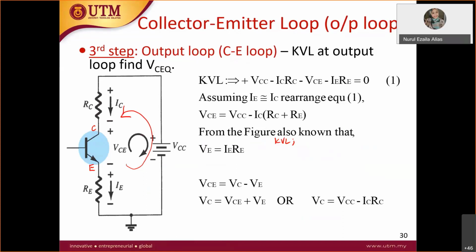So you have here negative VCC. Look at the red loop. You have negative VCC, and then you have IC RC. Do not forget you always have to put your VCE. This is your output voltage. Plus VCE, and also in the loop you have plus IE RE equal to 0.